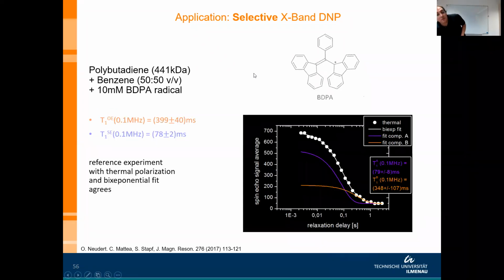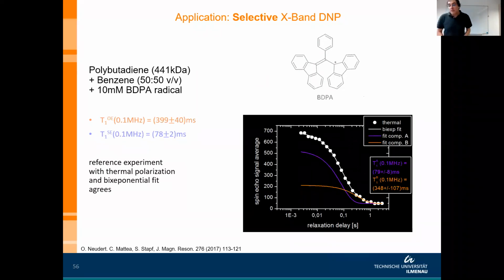And like this, we get the signal enhanced by either the solid effect or the Overhauser effect, and then we can measure the T1 in the enhanced signal due to this selective way of measuring. And then we can associate the longer T1 of the Overhauser to the benzene, and the other to the polymer.